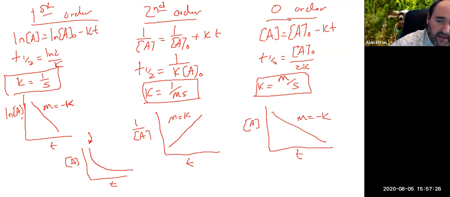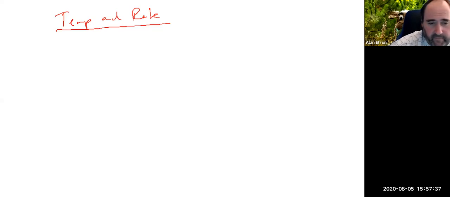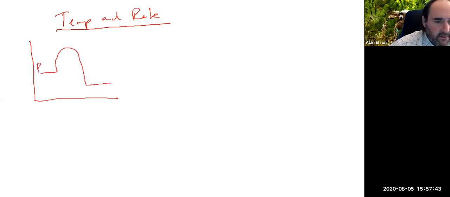We then sort of talked about the idea of temperature and the rate. And remember that we do have sort of that, this is our reactants, that's our products. Call that energy over here. That hill that the reactants have to climb basically to get to the other side is our activation energy, right?